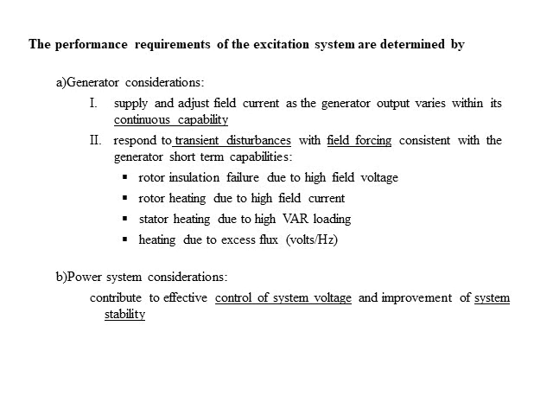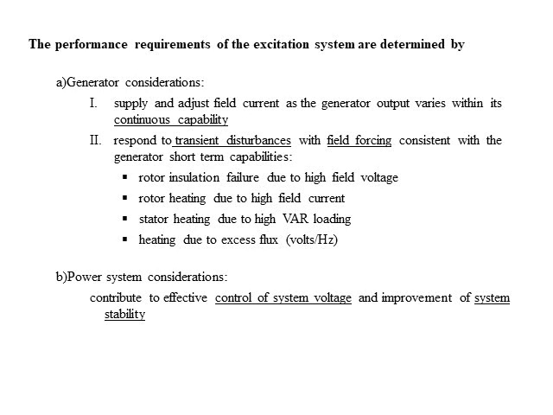And number 2, respond to transient disturbances with field forcing consistent with the generator short-term capabilities. These short-term capabilities are rotor insulation failure due to high field voltage, rotor heating due to high field current, stator heating due to high VAR loading, and heating due to excess flux.